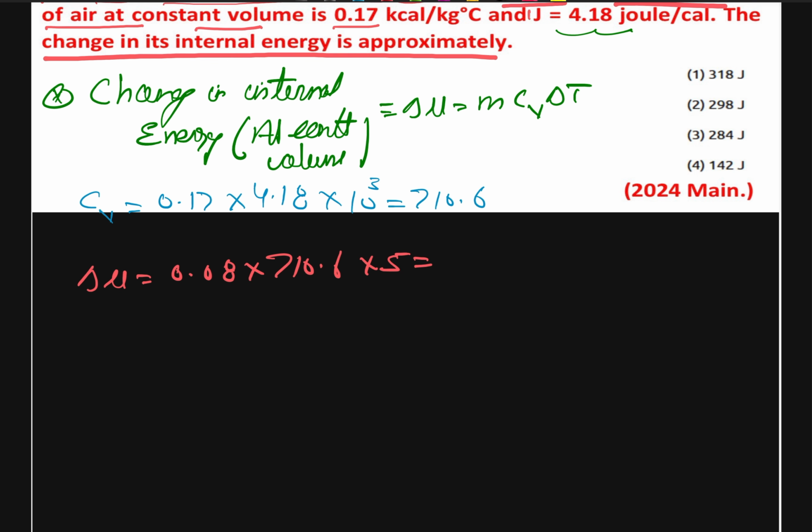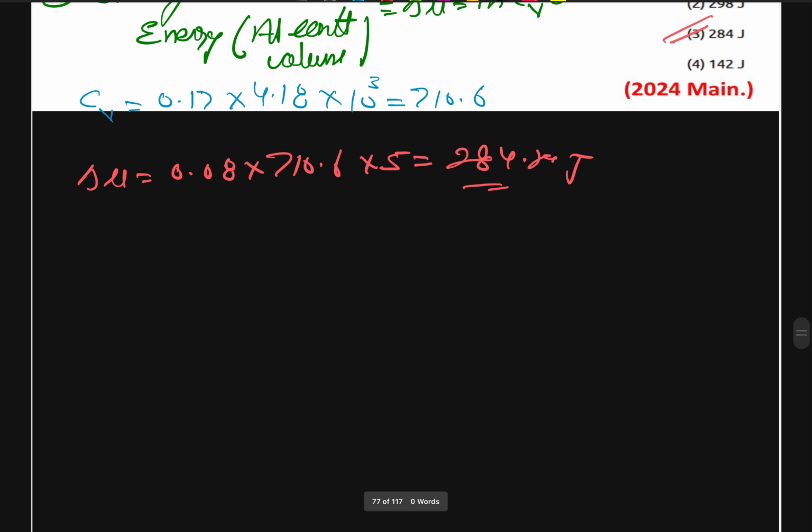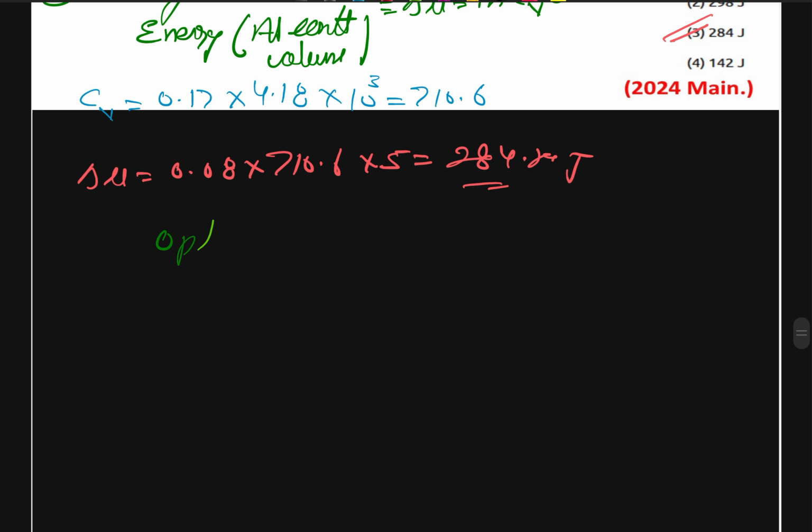So we get this delta U will be equal to approximately 284.24 joules. So option 3 is correct. Is correct. Next question.